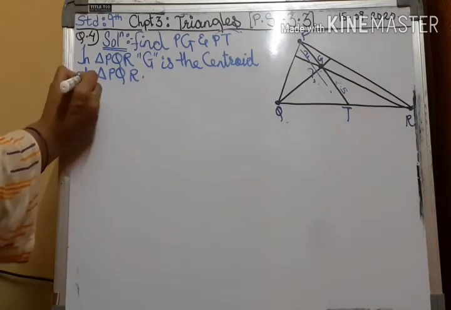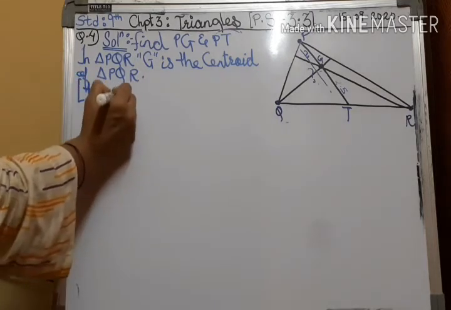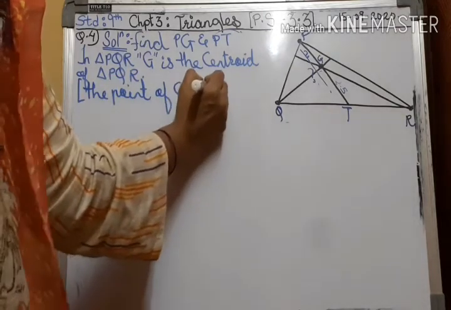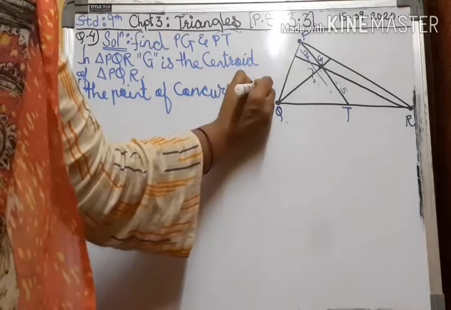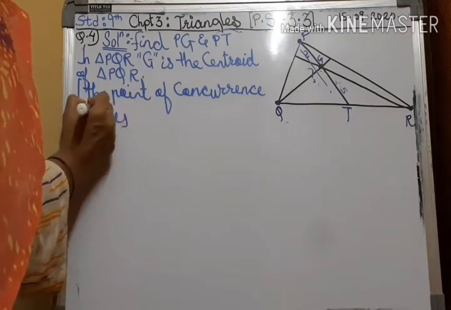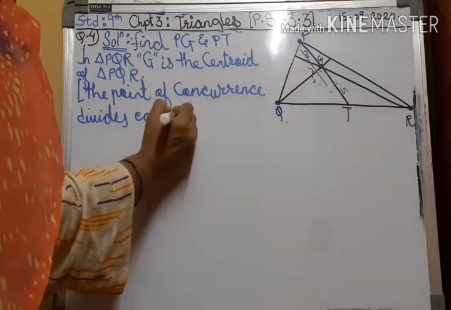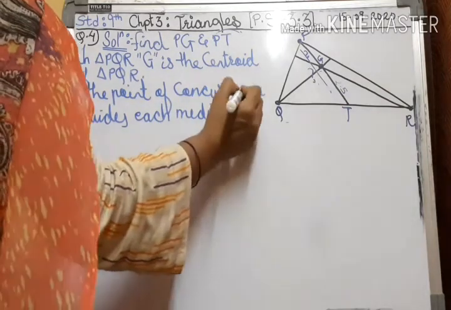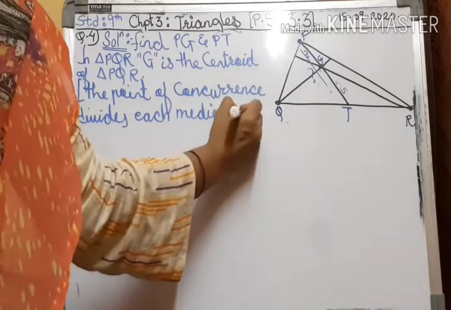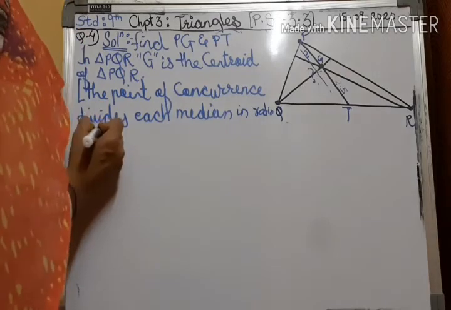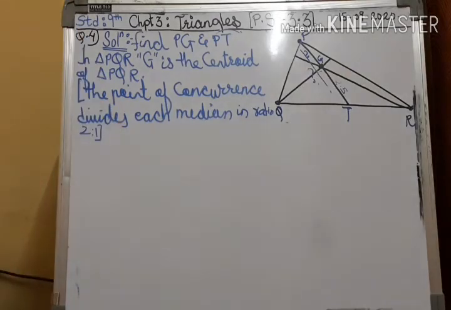So that statement we will write: the point of concurrence divides each median in ratio 2:1. This is the important statement. With the basis of this statement, we will solve the question.